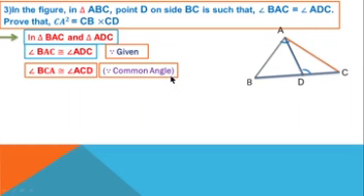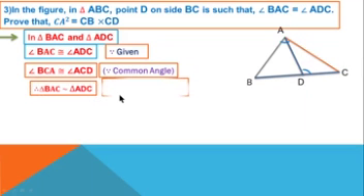Reason: common angle. This angle C is common between triangle ABC and triangle ADC. Therefore, triangle BAC is similar to triangle ADC by AA similarity test.